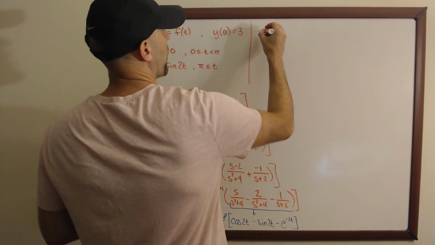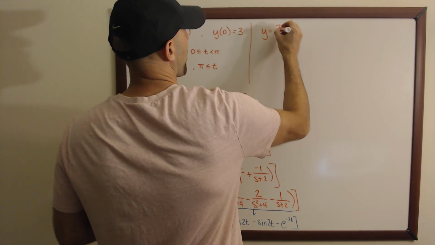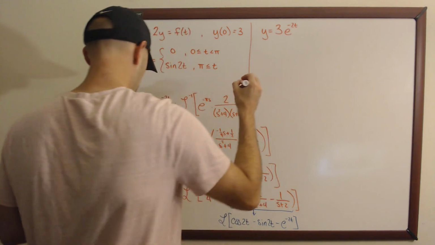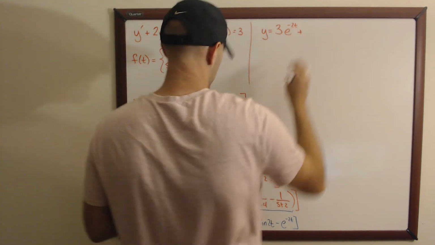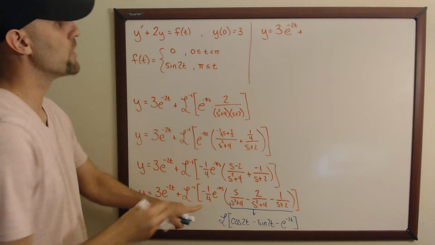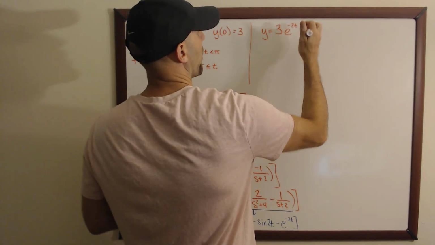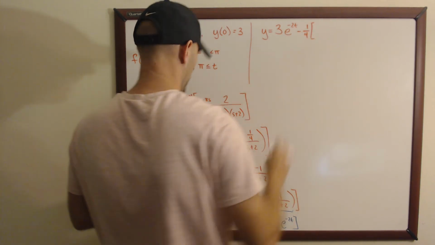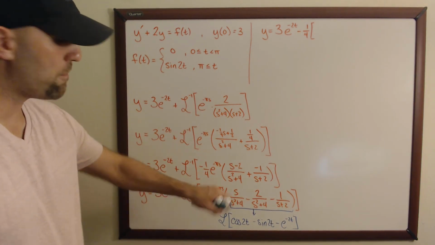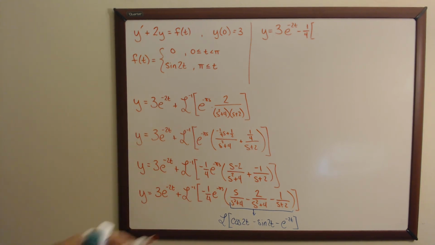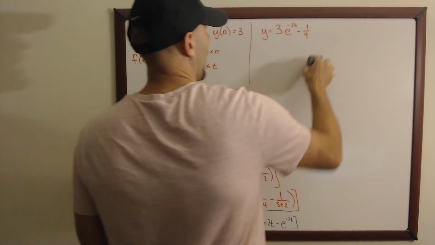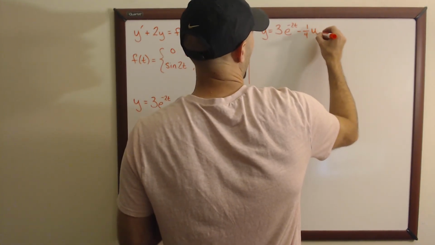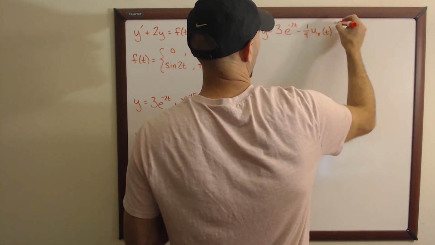Okay. So I've got y is equal to 3 e to the negative 2t plus, well, I should write minus 1/4. Pull that out. So e to the negative pi s, that's going to give me a is pi, and if a is pi, then I'm going to have a u sub pi of t right here.